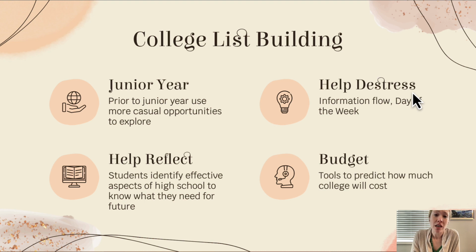Getting them to understand how the experience at a small college versus a large college could compare. Lighter ways of exploring in that way will help ease some of the pressure and just create knowledge, is what we're looking for. Help your student reflect on how their experience in high school informs the things that they're going to need for their future.